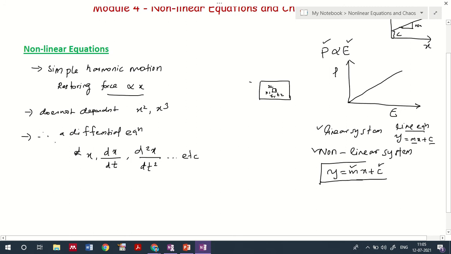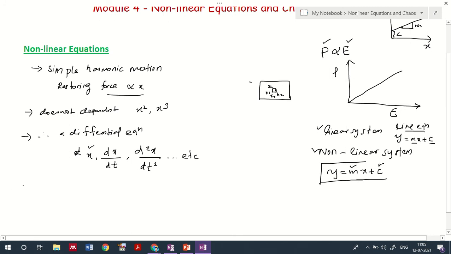Okay, so when you consider a simple harmonic motion here, we have a restoring force which is proportional to x, right? So we have seen that when you consider a differential equation with respect to time, the first term will be x, then dx by dt, then d square x by dt square.